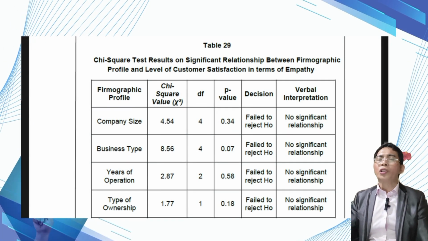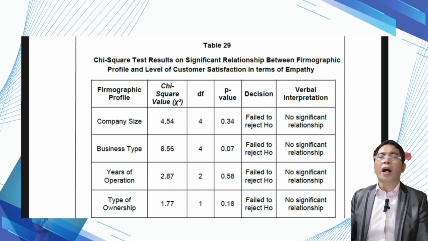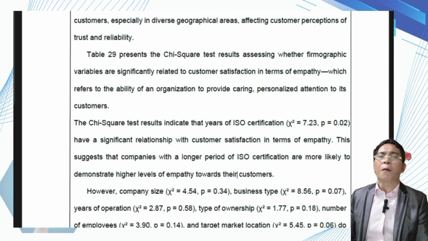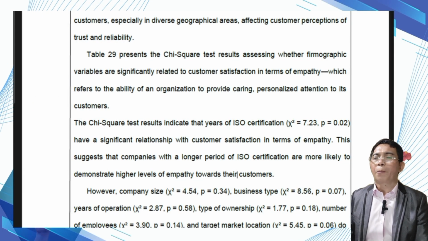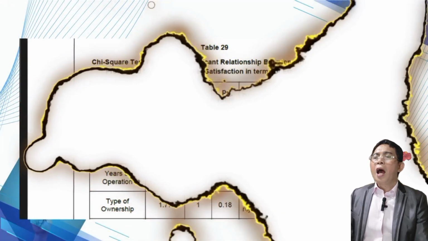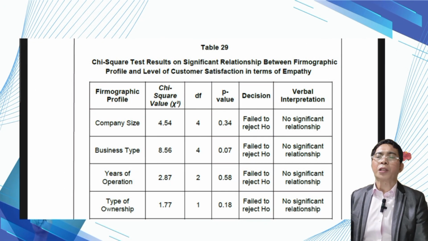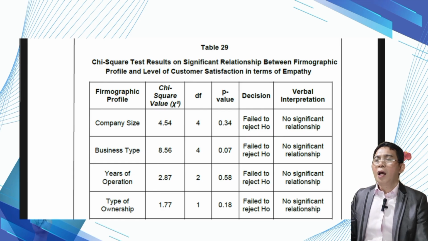Let's take a look at Table 29, the chi-square test result on the significant relationship between the firmographic profile of the respondents and the level of customer satisfaction in terms of empathy. Along with the firmographic profile are company size, business type, years of operations, and type of ownership. The decision will be rejected, and for the verbal interpretation, there is no significant relationship.